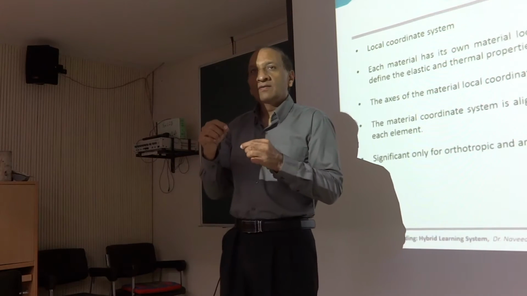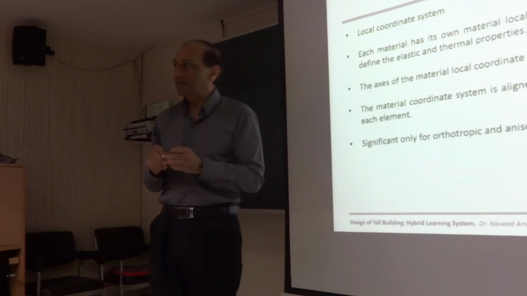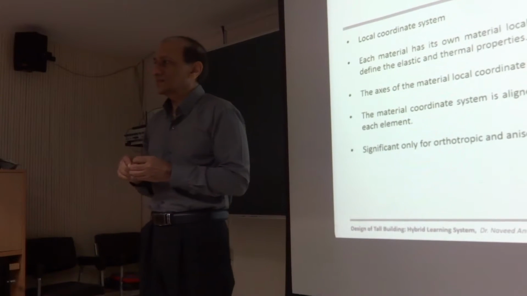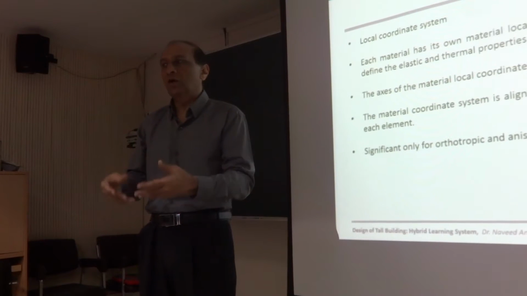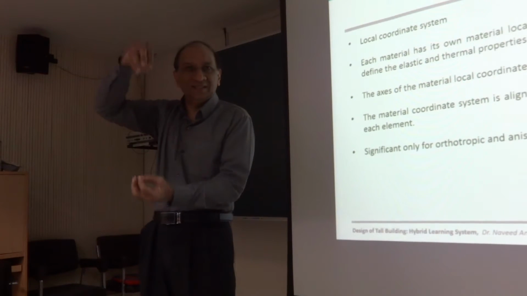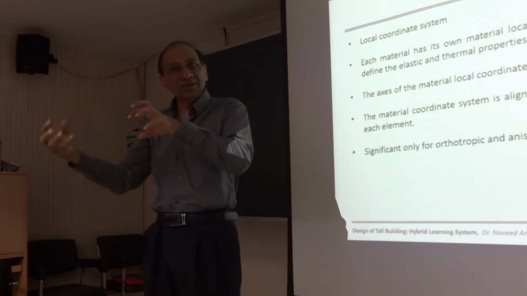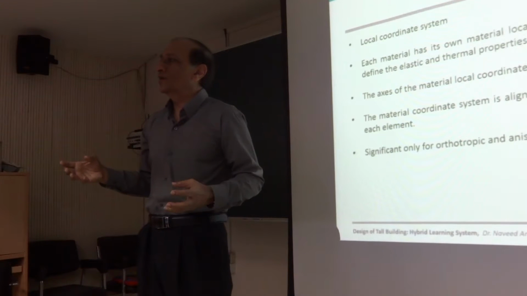That means whatever the material, the local direction of that material is important, the local axis. That means the properties of the material are defined on the local axis of the material in which it was originally tested. You can put it in any way, but it will behave according to its local axis.